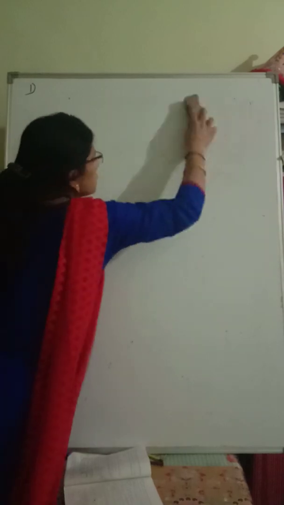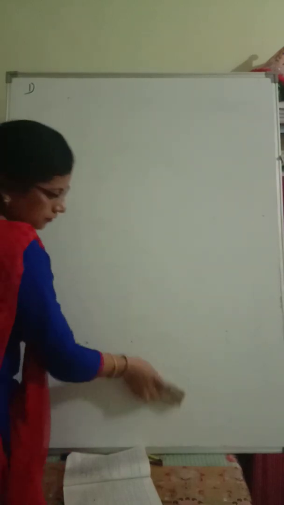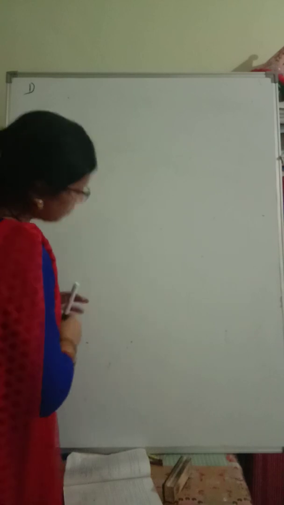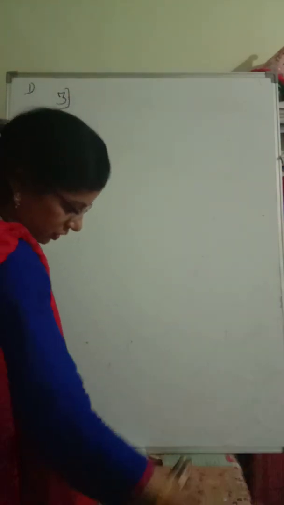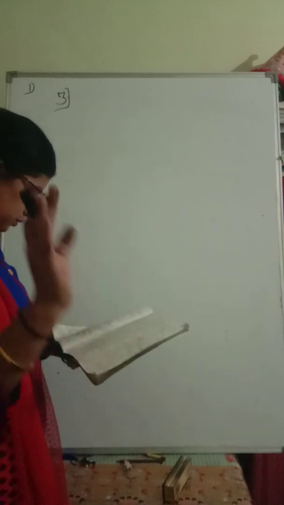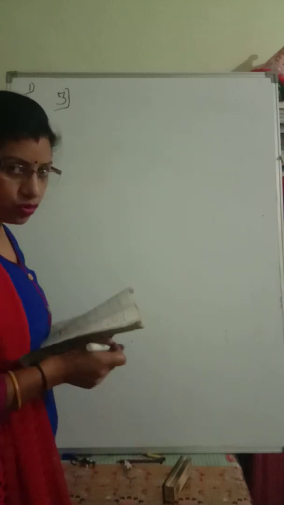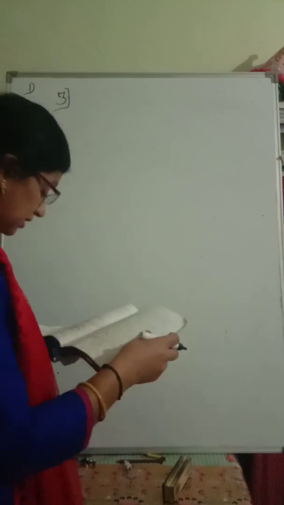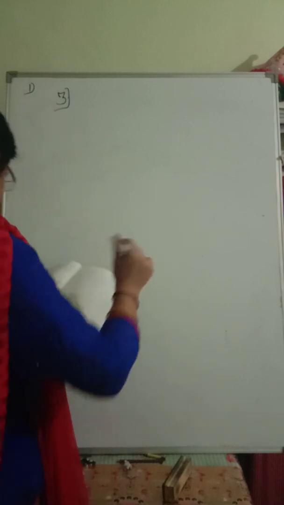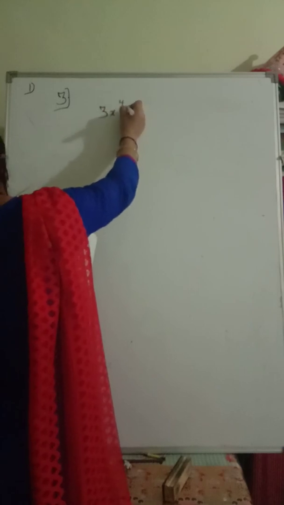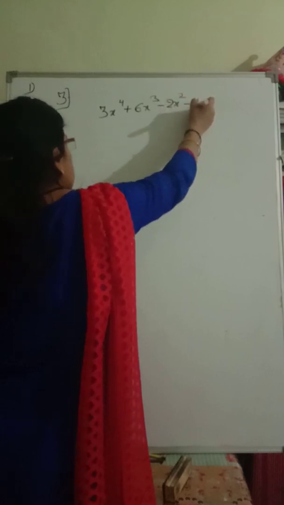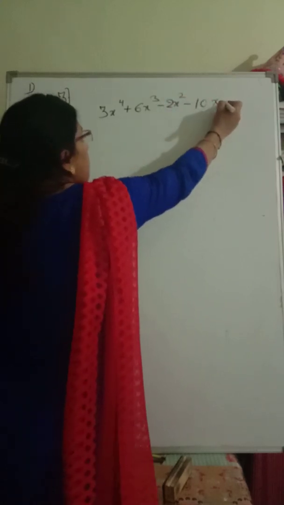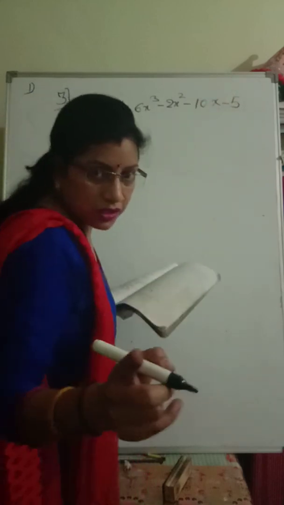Right from here, see what is given to you. Obtain all the zeros of, meaning we have to find the solution, meaning we have to factor 3x raised to the power 4 plus 6x cube minus 2x square minus 10x minus 5. We have to find all its zeros.